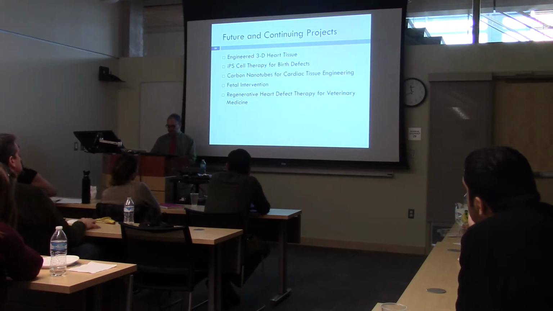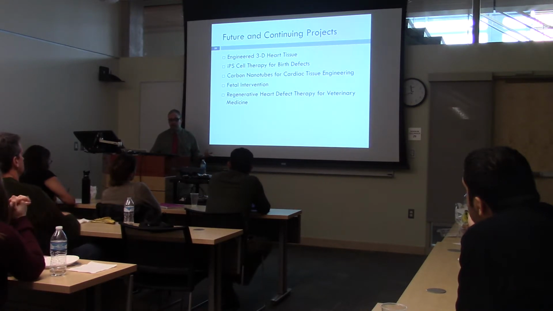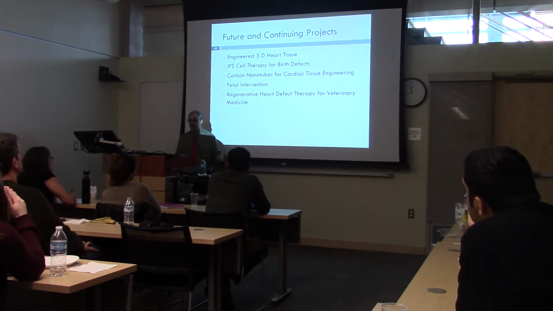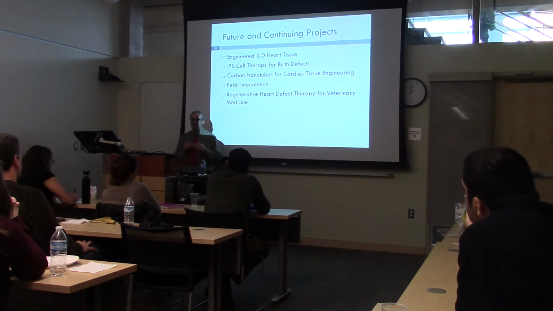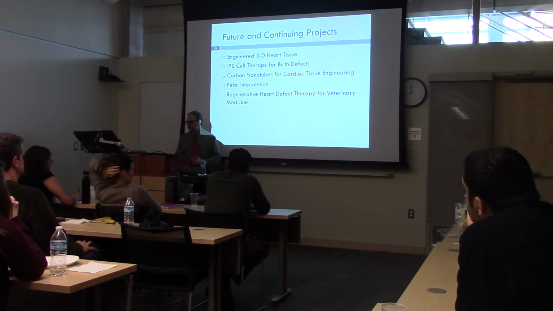And so, future projects. Still running short on time, but future projects that I want to do are to continue the 3D heart tissue, look at IPS cell generation from amniotic fluid cells for repair of birth defects, continue use of carbon nanotubes to decrease the chance of arrhythmia in heart patches, and other fetal interventions with amniotic fluid stem cells.